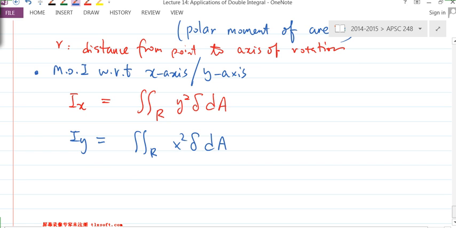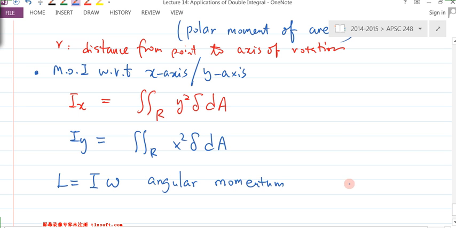Now let me ask you a very interesting question here. You probably learned in the first year, what does I times omega give you? This is called angular momentum, right?